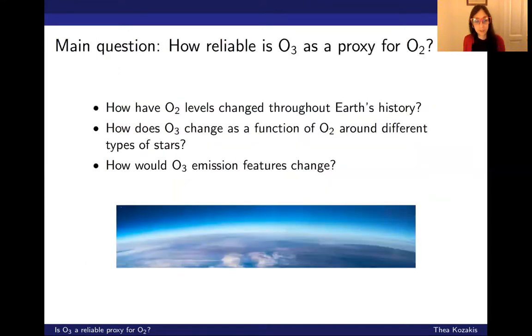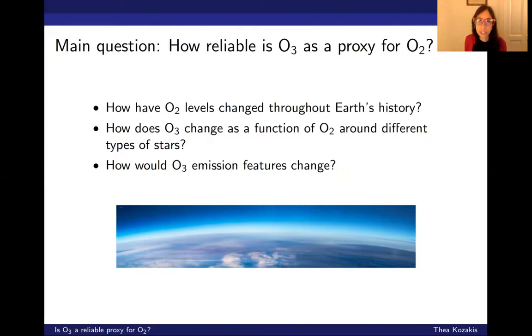So let's return to my original question, which is, how reliable is ozone as a proxy for O2? And to help answer this question, I'm going to break it up into some mini questions that I'll discuss throughout the talk. So first of all, how have O2 levels changed throughout Earth's history? And what was life like on Earth throughout Earth's history?